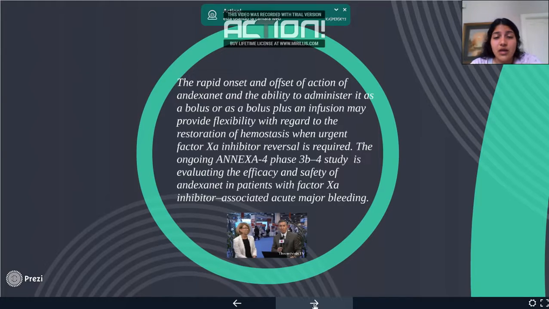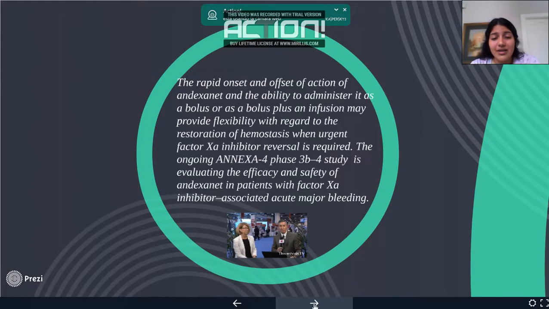The rapid onset and offset of action of Andexanet and the ability to administer it as a bolus or as a bolus plus an infusion may provide flexibility with regard to the resolution of hemostasis when urgent factor Xa inhibitor reversal is required.